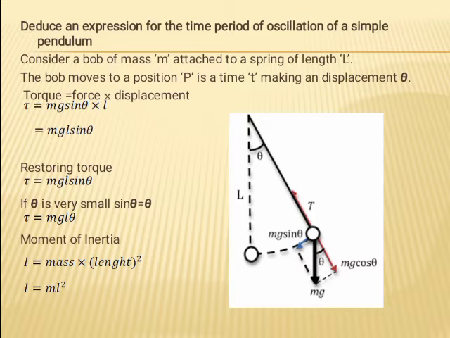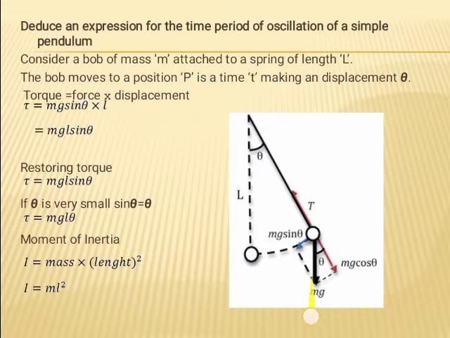Always your horizontal is straight to the length of the string, so the horizontal component of force would be mg cos theta. And the vertical component would be mg sin theta.